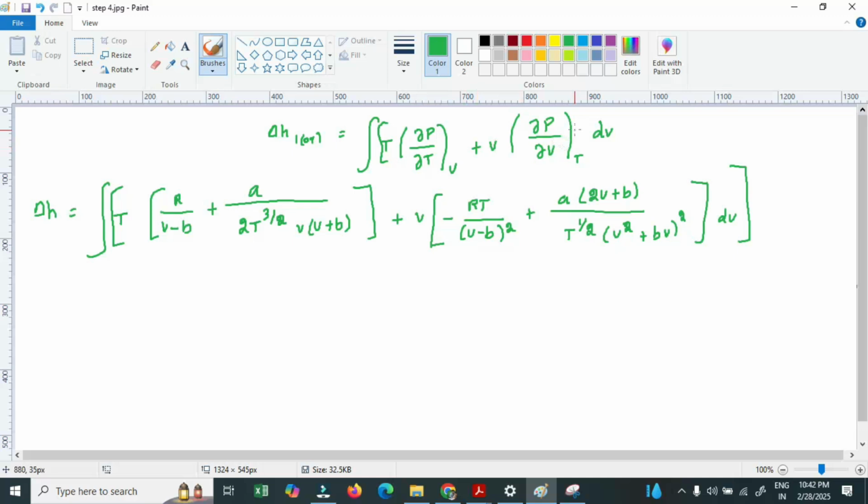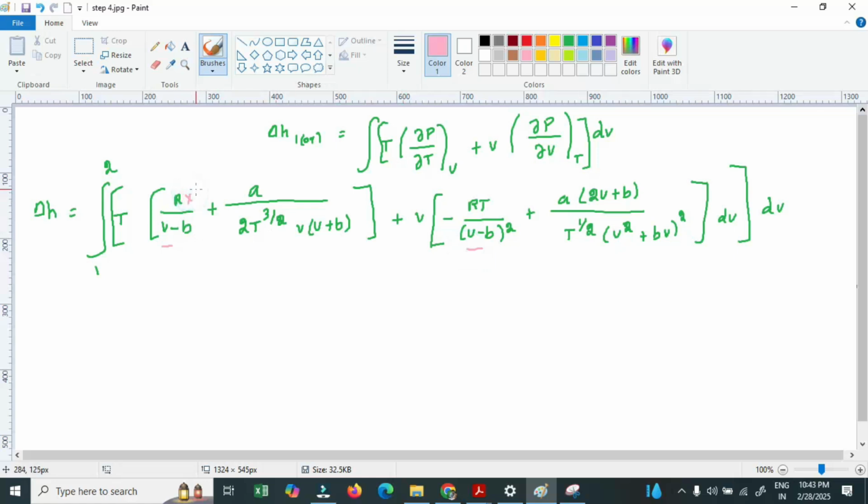And what I'll be doing is combining individual terms. Before that, to make a common denominator for the first term here and here, I will multiply numerator by V minus B and denominator by V minus B. Therefore, you'll get V minus B whole square.